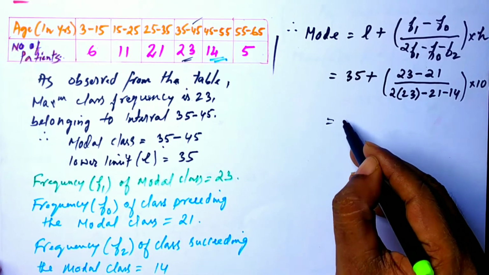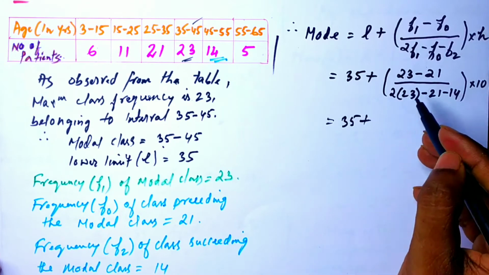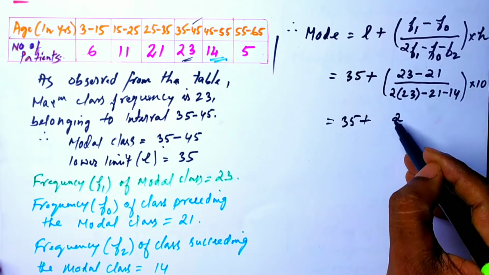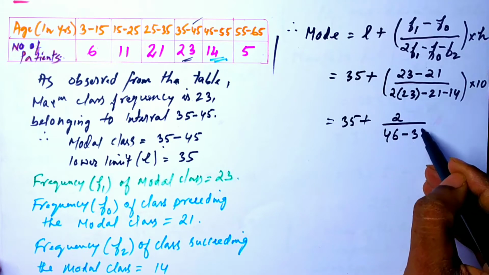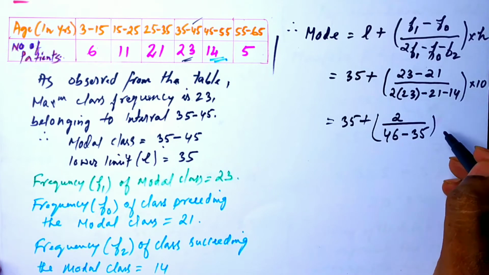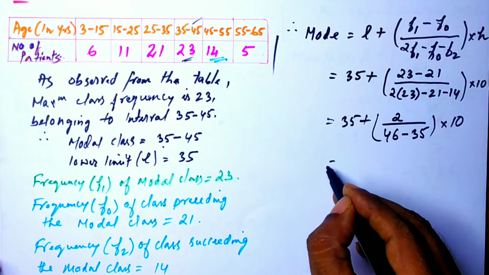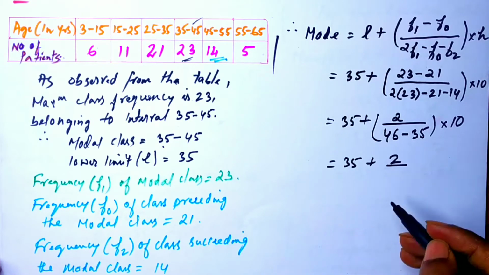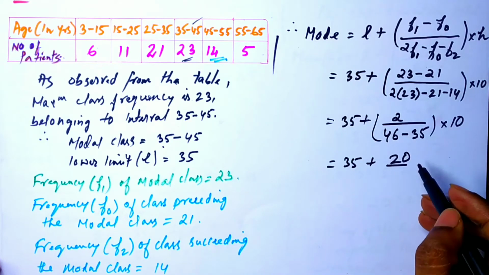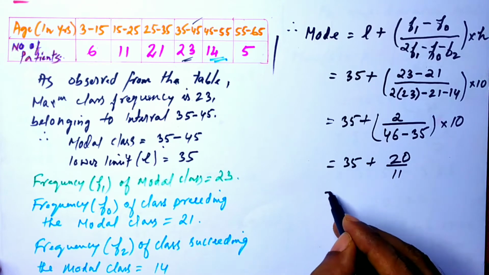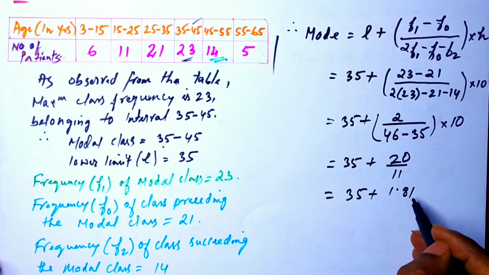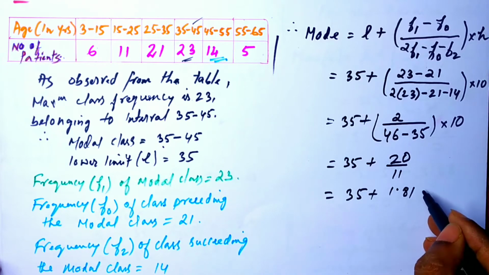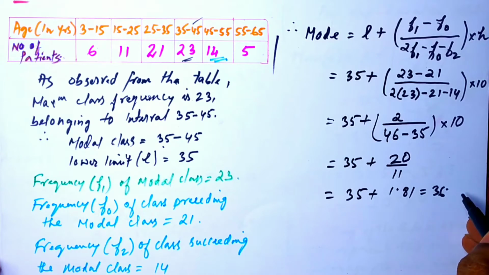So we get 23 minus 21 is 2, divided by 46 minus 35 within brackets, into 10, which is equal to 35 plus 2 into 10 is 20 by 11, which is equal to 35 plus 1.81 after dividing, which we get as 36.8 approximately.